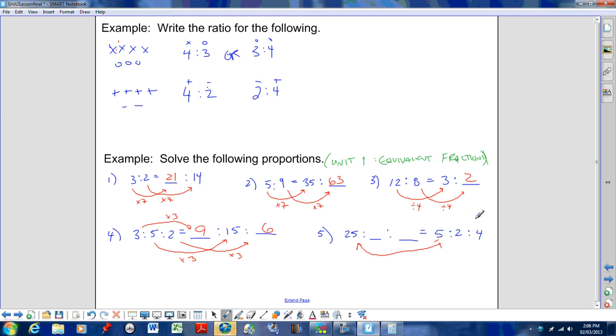I know everything on the right side. I see that 5 times 5 gives me 25. So that means the 2 is going to be multiplied by 5, which means the missing number here is 10. And the 4 has to also be multiplied by 5. 5 times 4 is 20. So there are missing values in the left proportion. We're just playing with multiplying and dividing numbers to find those missing blanks.